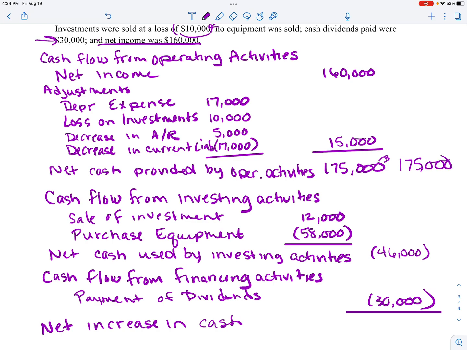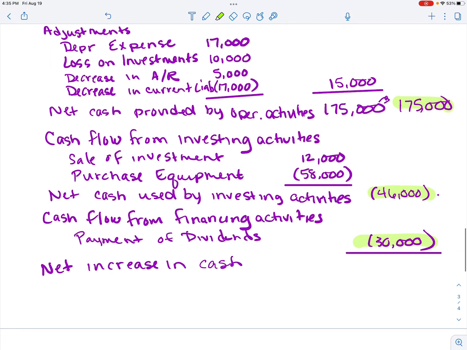I'll subtract out my investing activities. Subtract out my financing activities, and that's going to give me my net increase in cash. If I do that math, it should come to 99,000.